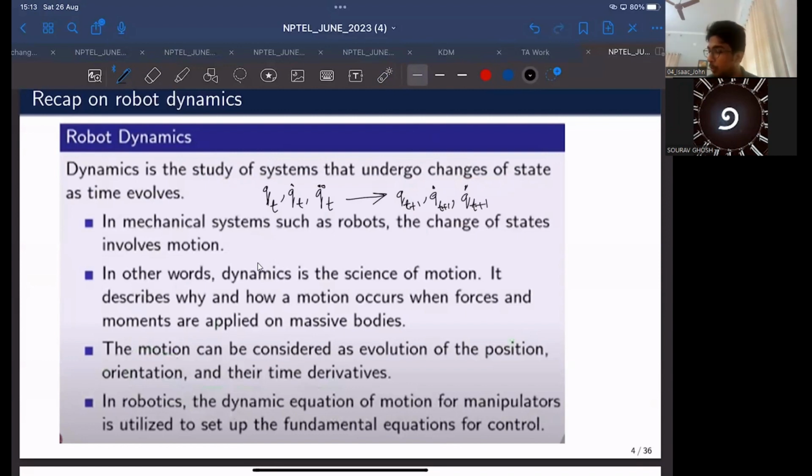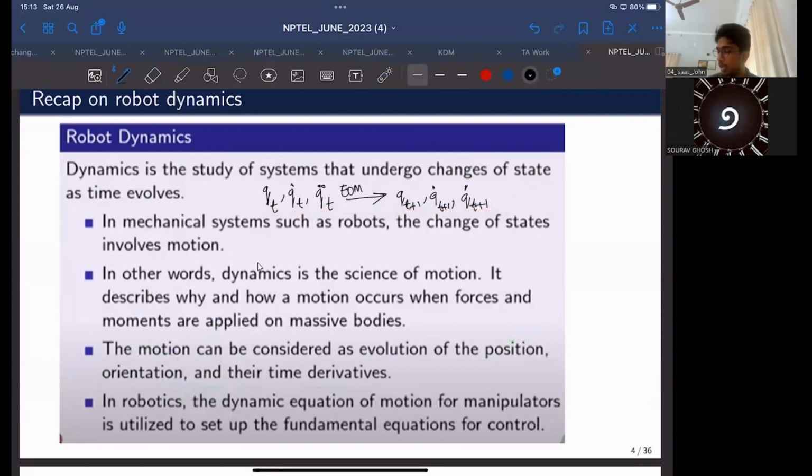So how a robotic system evolves as time goes on. This entire evolution of the state of a robot is governed by the equations of motion.